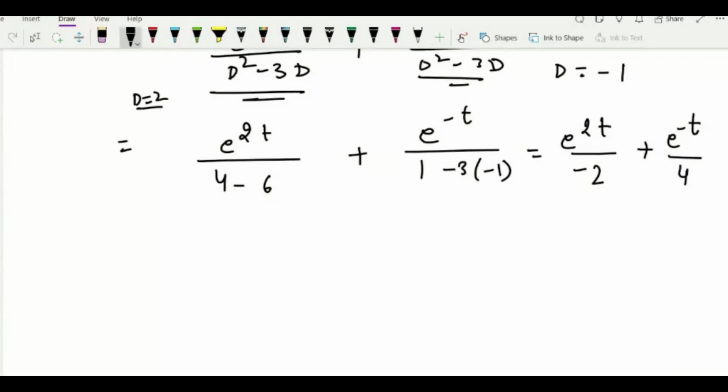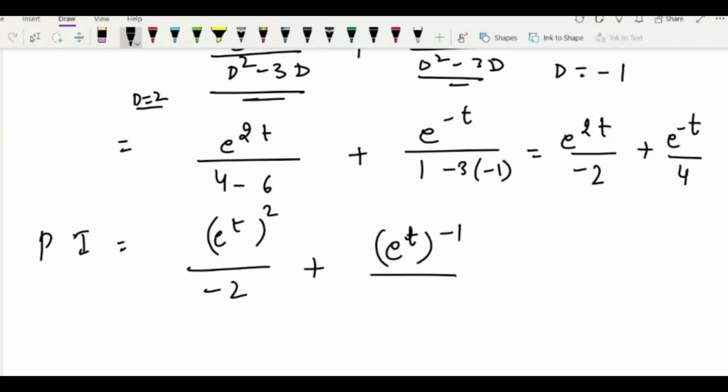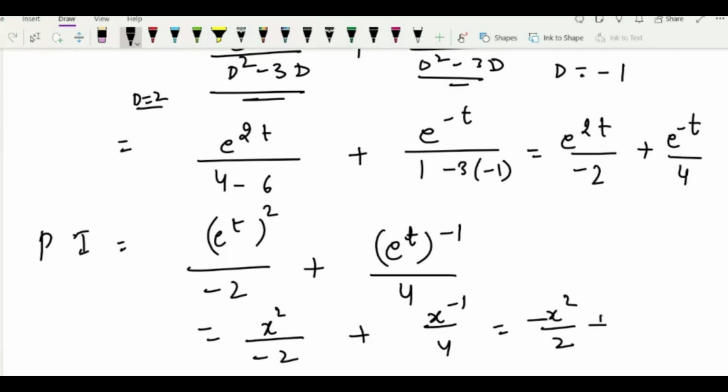So this is our PI. Also convert it back into the form of x by using the relation x is equal to e raised to t. So this becomes e raised to t whole square upon minus 2 plus e raised to power minus t upon 4. So x square upon minus 2 plus x inverse by 4, which is equal to minus x square by 2 plus 1 upon 4x.